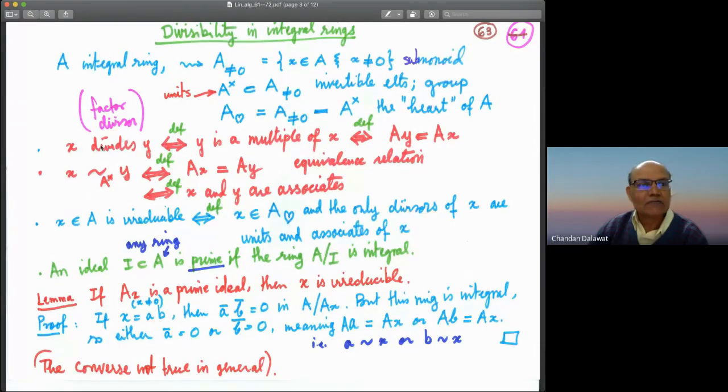It gets reversed. And I'll write x is equivalent to y up to units, with the notation tilde with A star in the subscript, if Ax is equal to Ay, these two ideals are equal. And I also say that x and y are associates if they are equivalent in this sense. So this is obviously an equivalence relation.